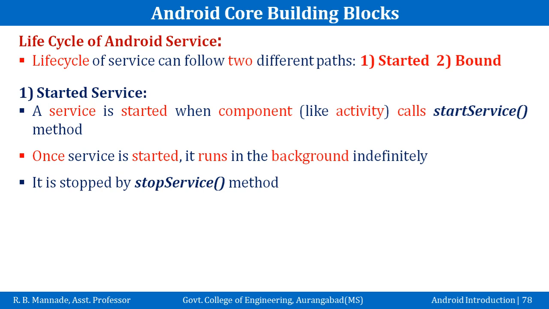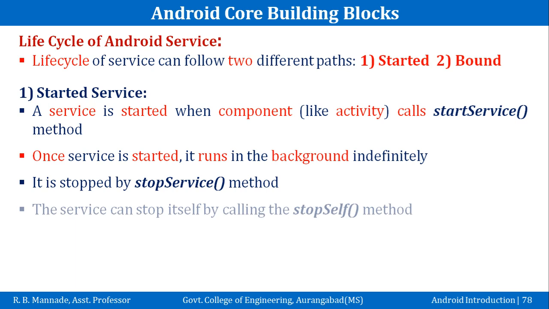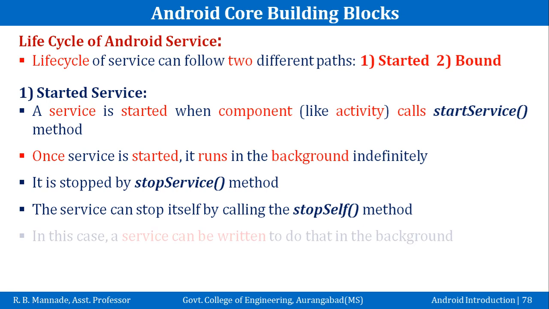The service running in the background can be stopped by using the stopService method, or in some cases the service may stop itself by calling the stopSelf method. If one of these two methods is called, the service running in the background will be stopped.